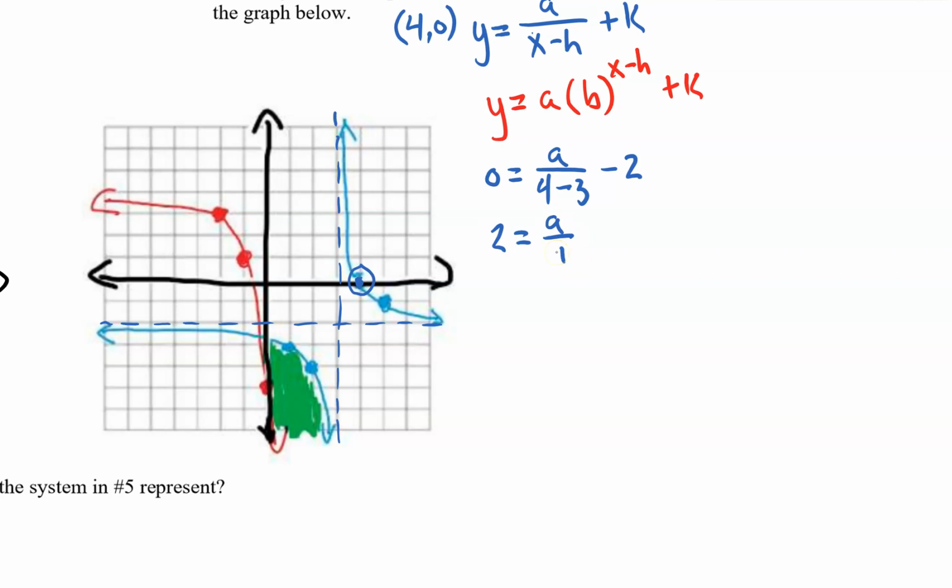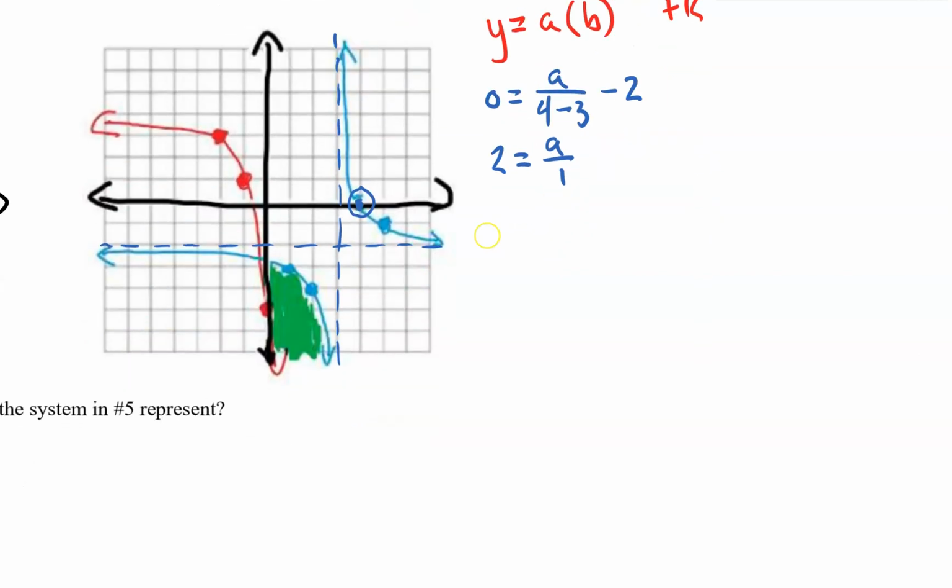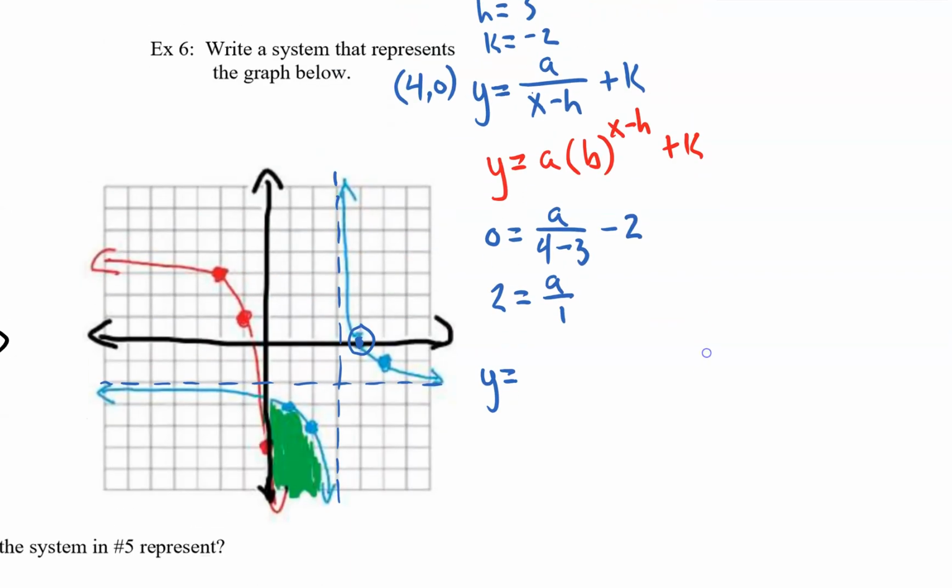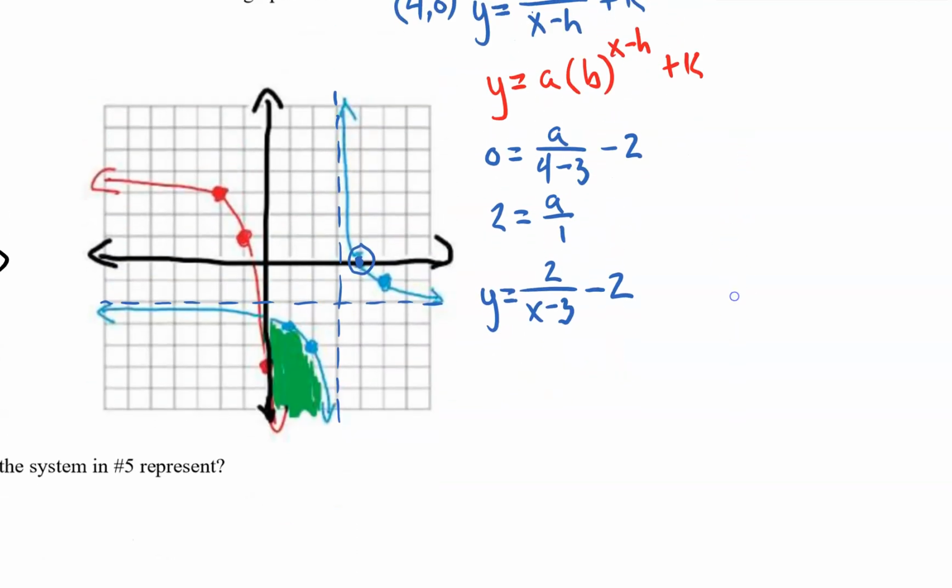Well, that means a is 2. So the equation for this one is going to be y is equal to my a value, which is 2, over x -3, -2. That is the equation of the first one. So write that down. Now I need to find the other one, the red one.